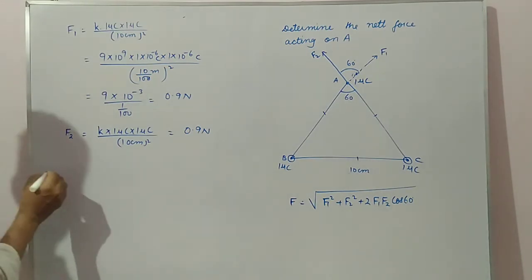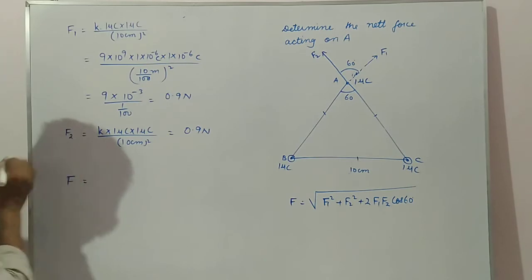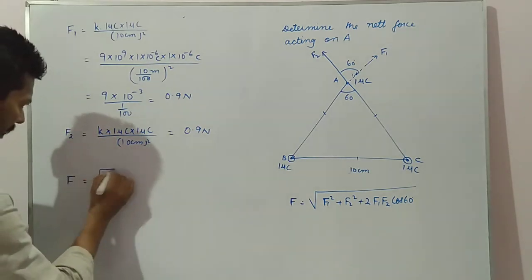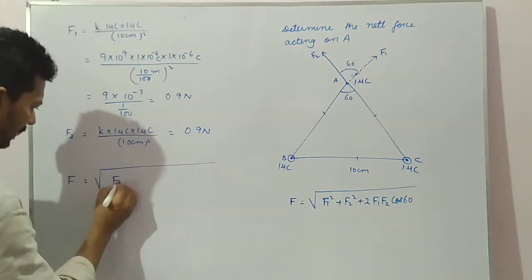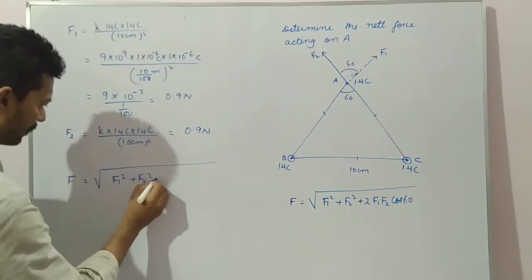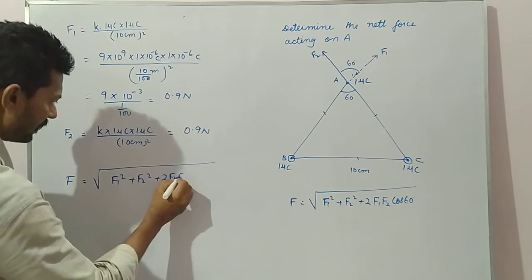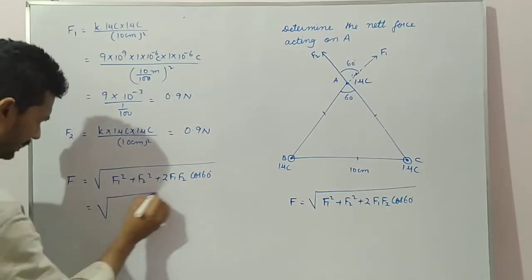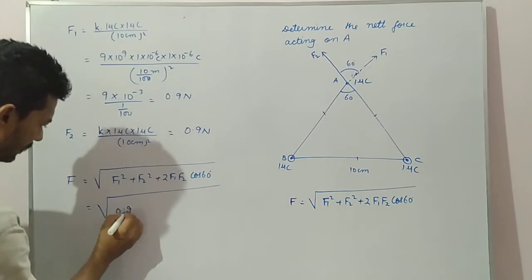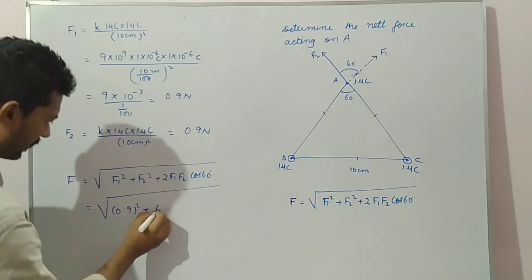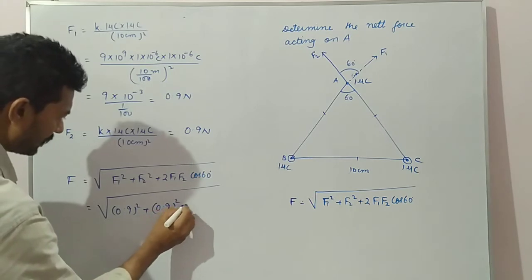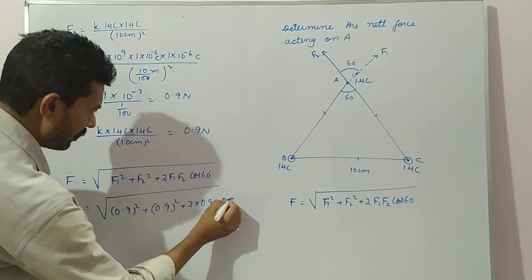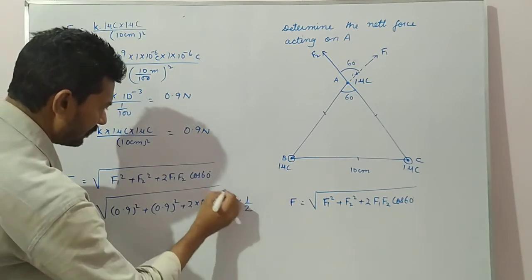Now the resultant force F is root over F1 square plus F2 square plus 2 F1 F2 cos 60. F1 square is 0.9 the whole square, plus 0.9 the whole square, plus 2 into 0.9 into 0.9 into 1 by 2.